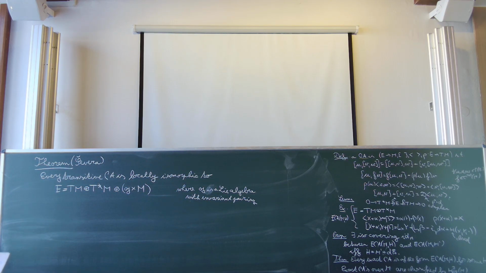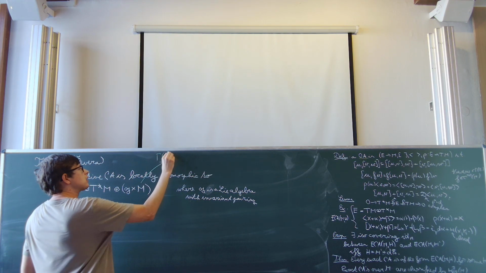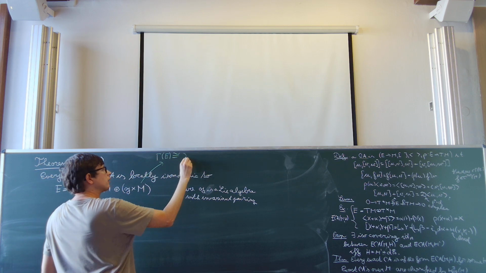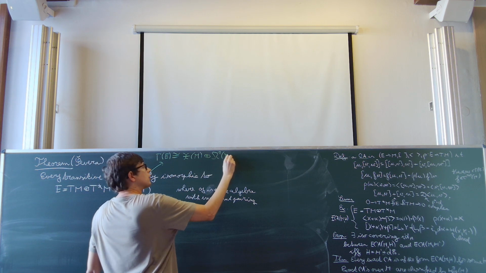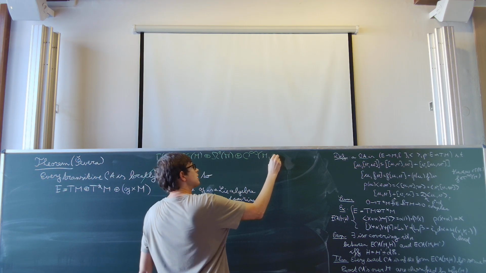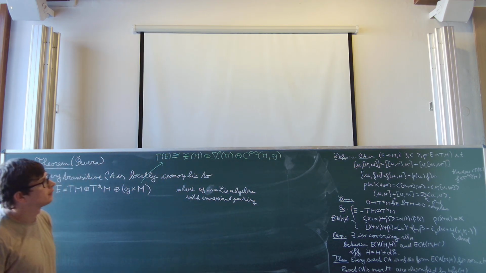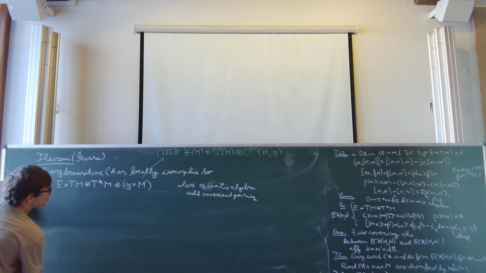Okay, and well, maybe before continuing, let me just break down what this means. This means that if I take the sections of E, I can identify them with vector fields, plus one forms, plus functions on the base valued in this Lie algebra. Okay, and now let me write the rest of the structure.